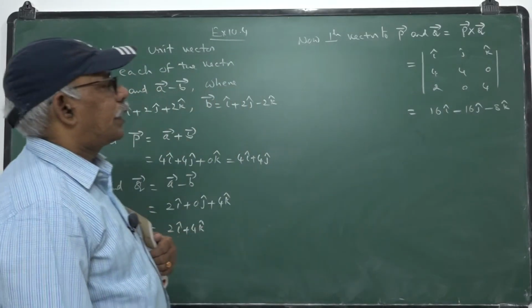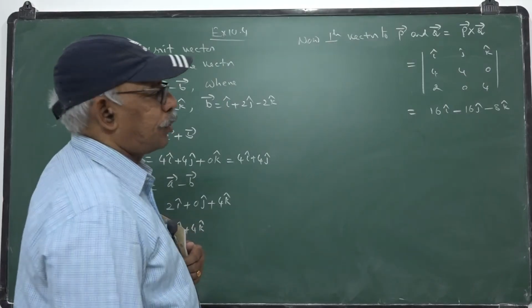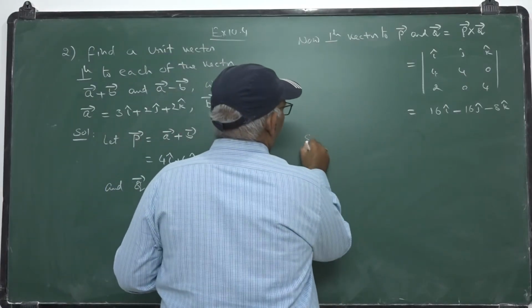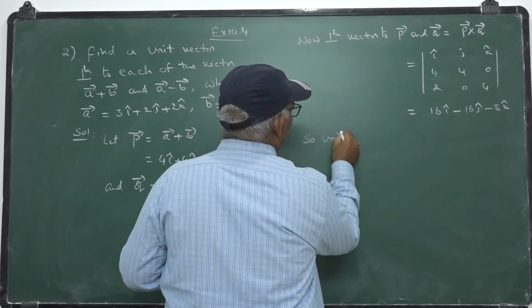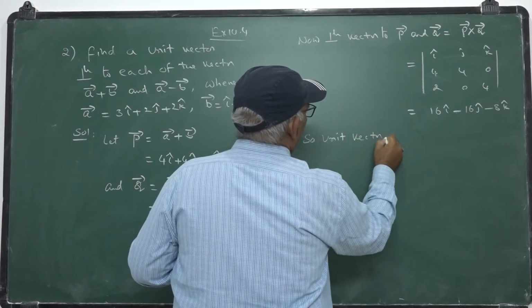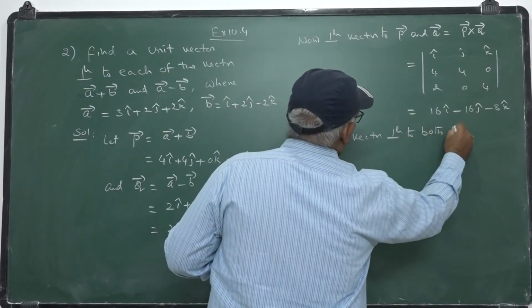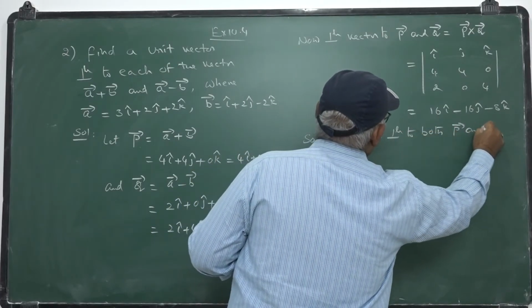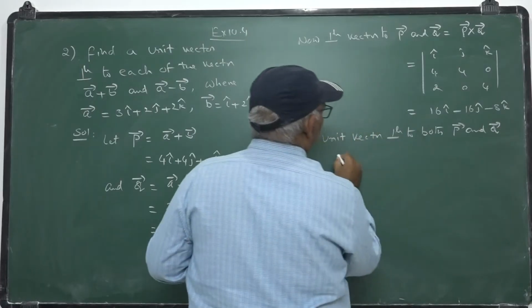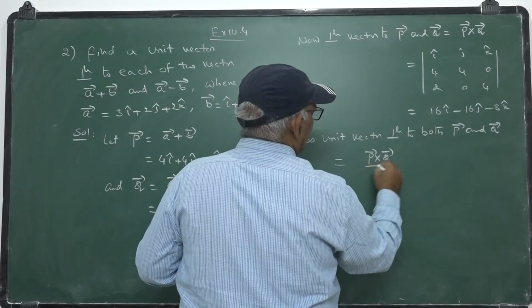Now the perpendicular vector to p bar and q bar is p bar cross q bar. So the unit vector in the direction of this perpendicular vector, the unit vector perpendicular to both p bar and q bar, is given by p bar cross q bar divided by its magnitude.